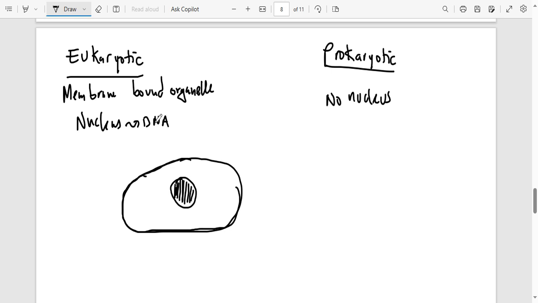What determines the characteristics which you have is actually DNA, deoxyribonucleic acid. So for prokaryotic cells, since they do not have a nucleus, the DNA will not be in the nucleus. The DNA will just be in the cytoplasm. So these are some big differences that you want to describe.